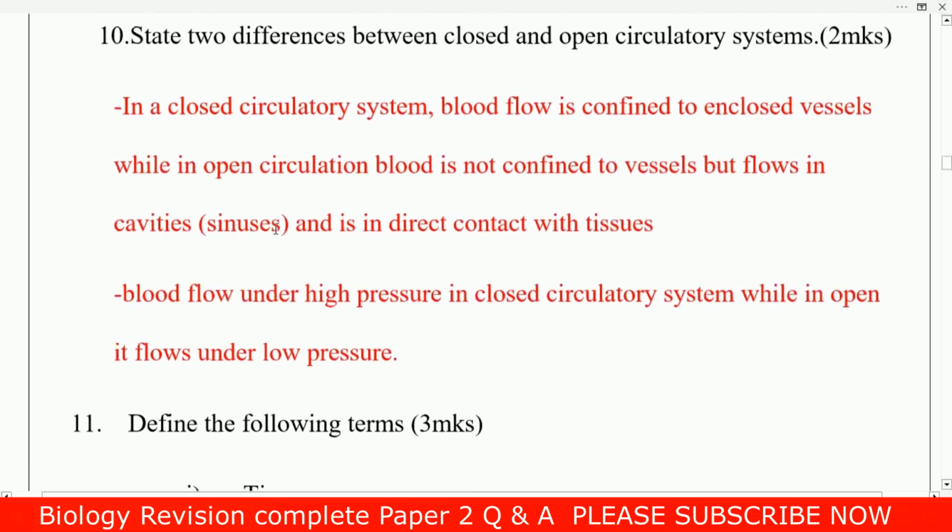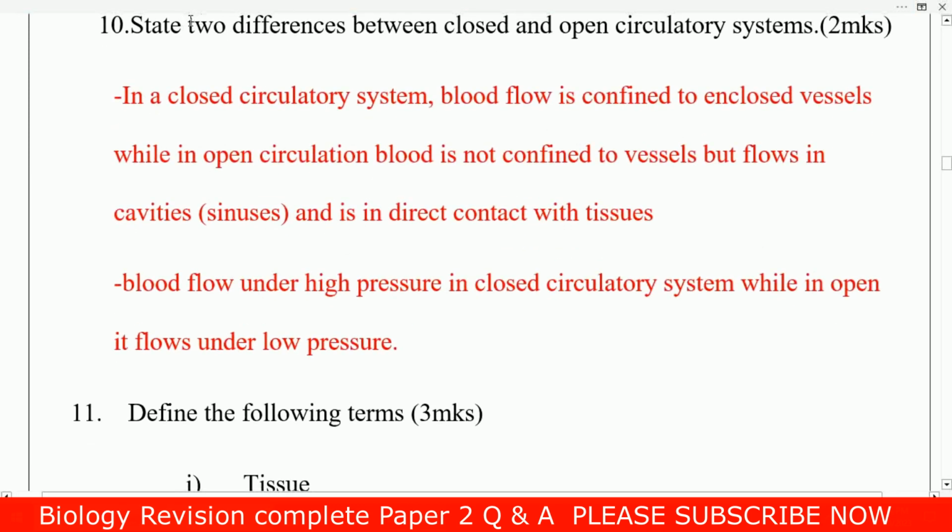You are told to state 2 differences between closed and open circulatory system. This question is very common. They keep on repeating it.